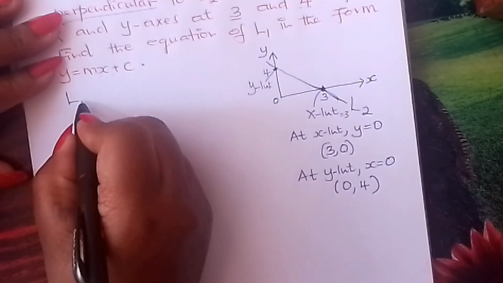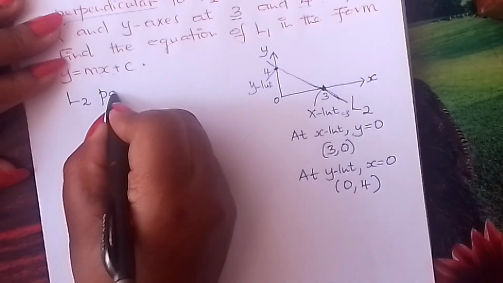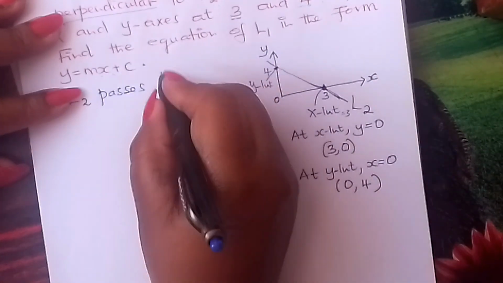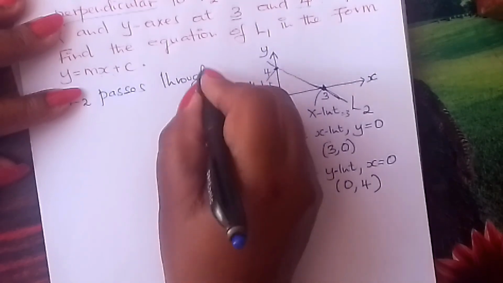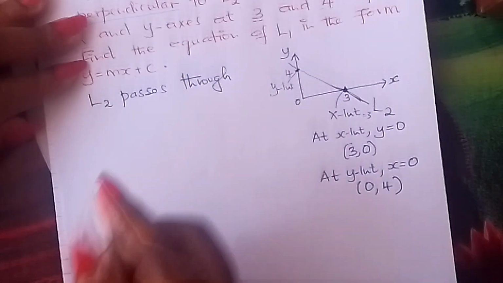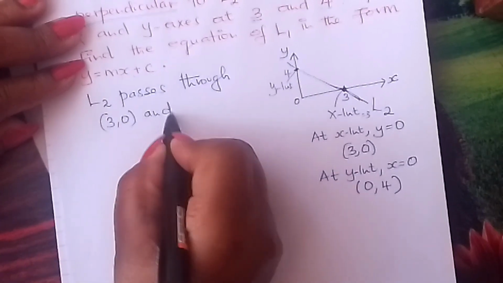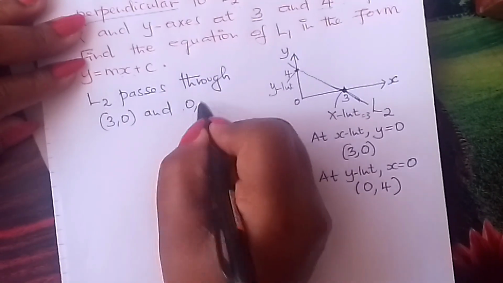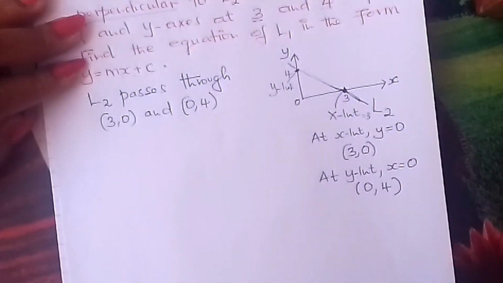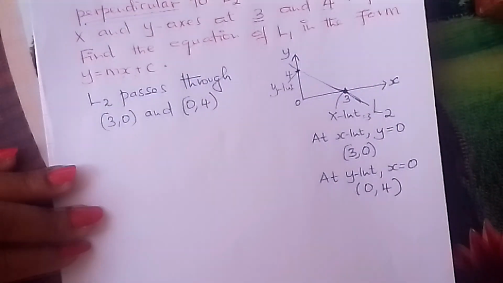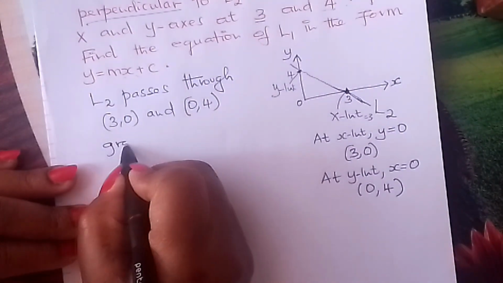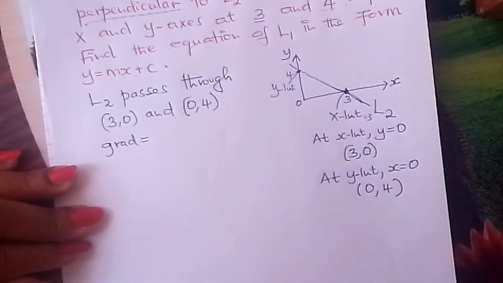We say that our line L2, therefore, passes through those 2 points, (3, 0) and (0, 4). Find its gradient. What is the gradient of L2?